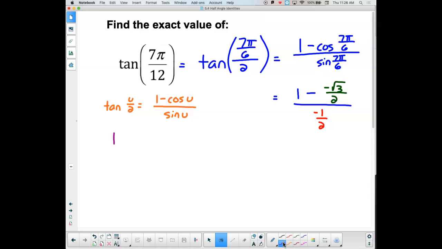Numerator is really 1 plus the square root of 3 over 2 because it's minus a negative. Would you agree with that? Okay. So then that becomes 2 over 2 plus the square root of 3 over 2, which is just 2 plus the square root of 3 all over 2.